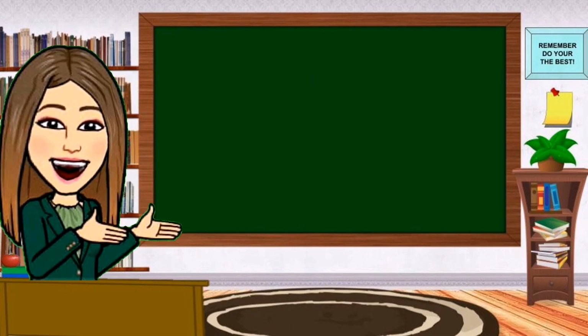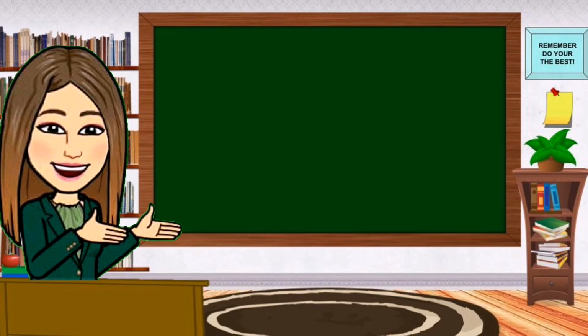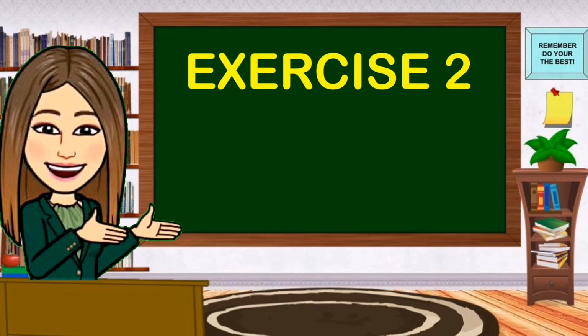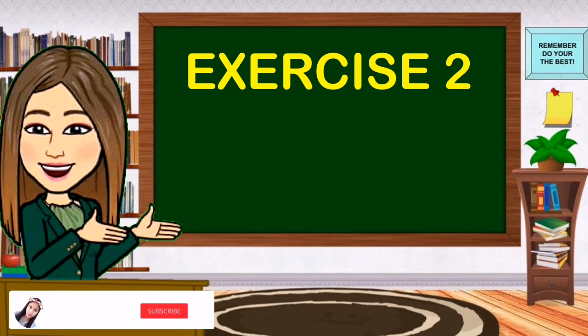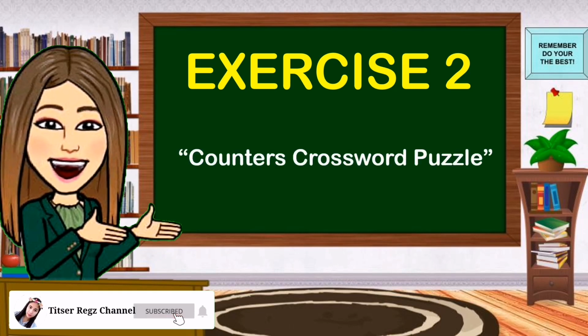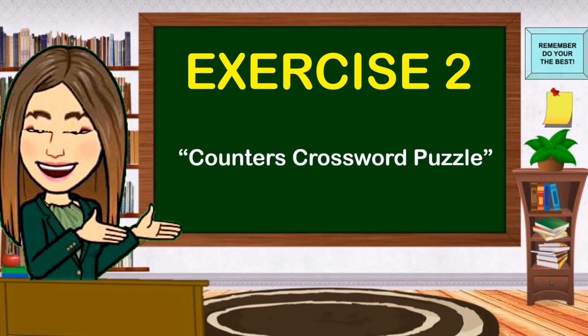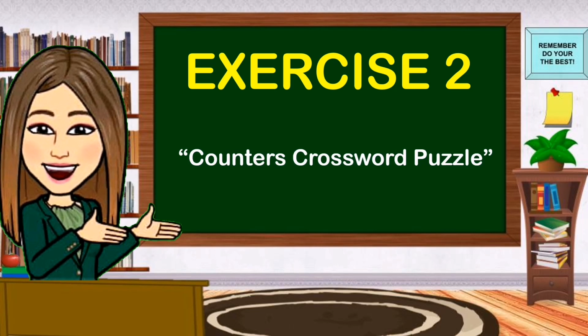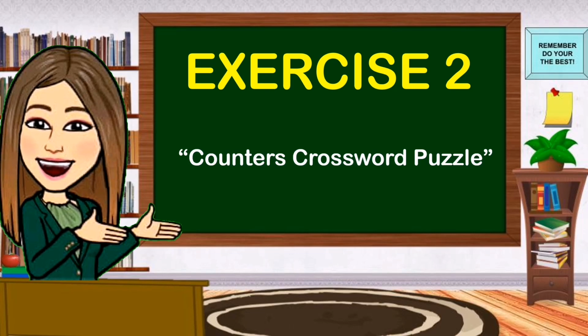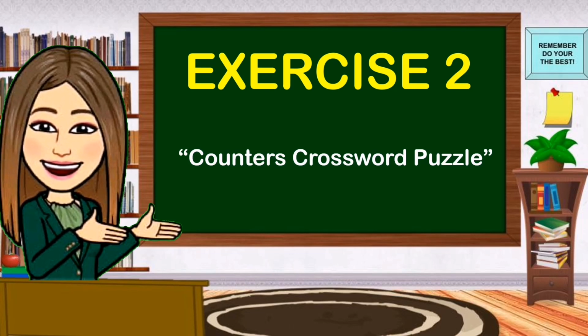Now, let's have our exercise 2. Our exercise is called Counters Crossword Puzzle. So you are going to solve the crossword by using the correct counters or quantifiers for the given clues. Just write your answers in your English notebook. Let's get started.